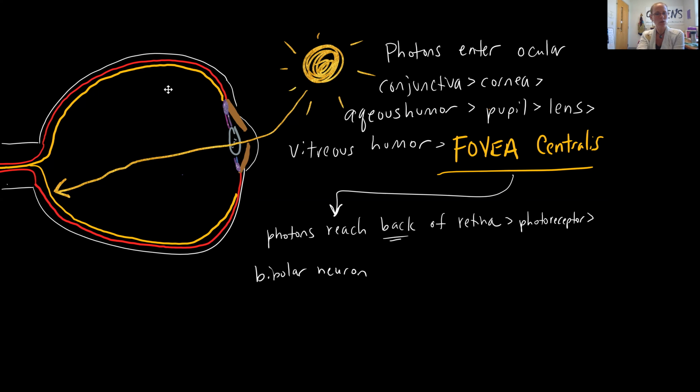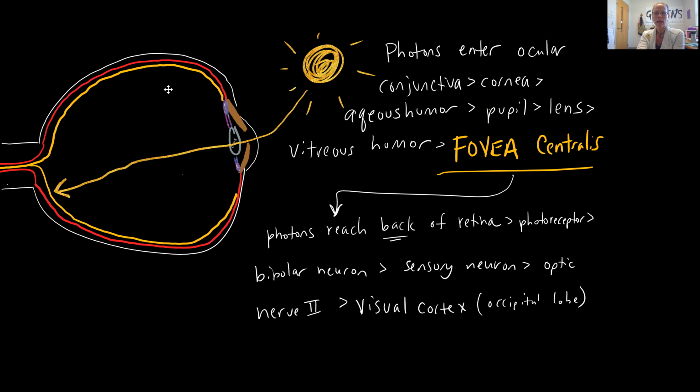The signal will be sent to the bipolar neuron, to the sensory neuron, which then becomes part of your optic nerve, nerve number 2. And then that information is going to be processed at the visual cortex, which is located in the occipital lobe. And that is most of the physiology of the eye that we'll be covering in this chapter, although there's one little piece in the next video, so stay tuned.